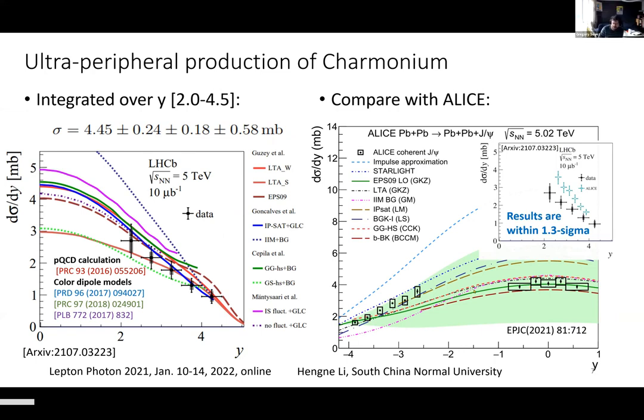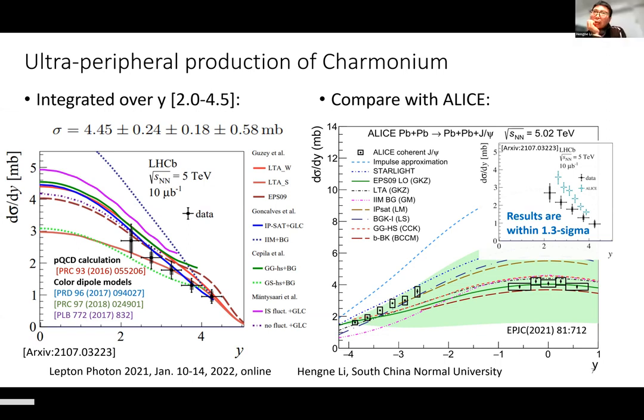Okay. I guess the ultimate goal of this would be to be able to disentangle between these different theory models, right? Mm-hmm. So is that something for which you'd expect something better with your ongoing analysis of the 2018 data?